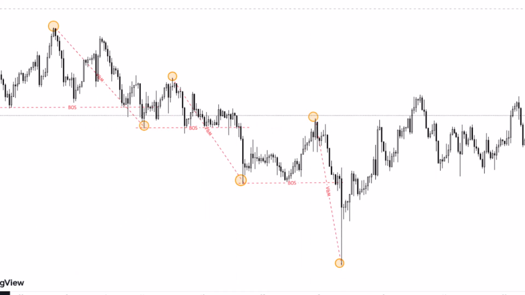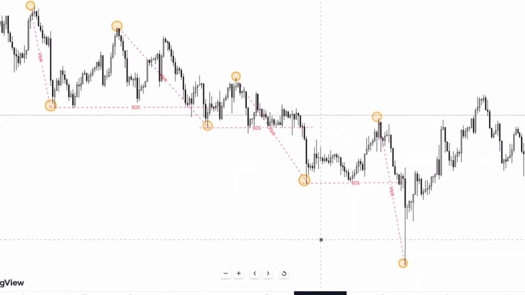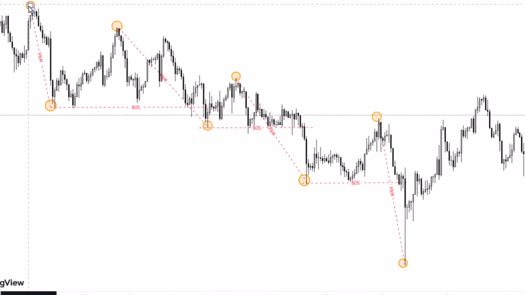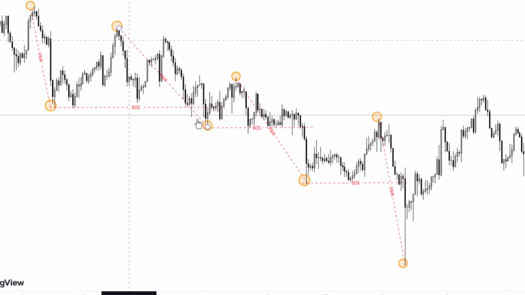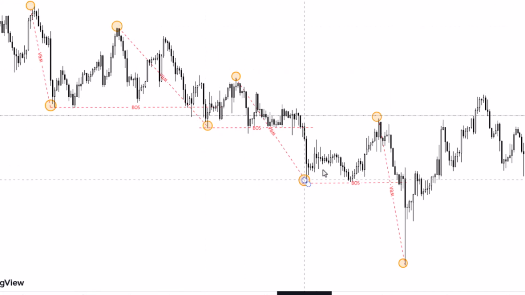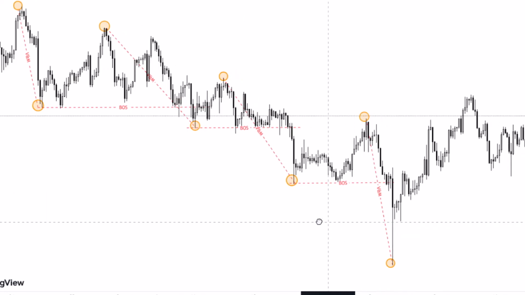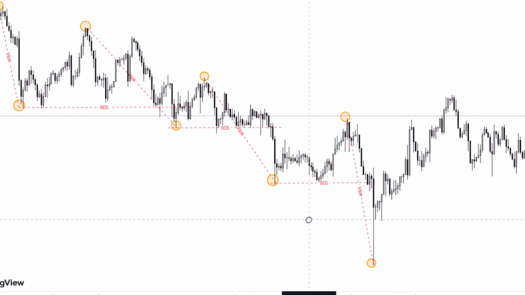You see the first structure, the second structure, the third and the fourth structure. Hence, we say this market is in a downtrend, where price forms a series of lower lows and lower highs. Hence we say the market is a bearish market.